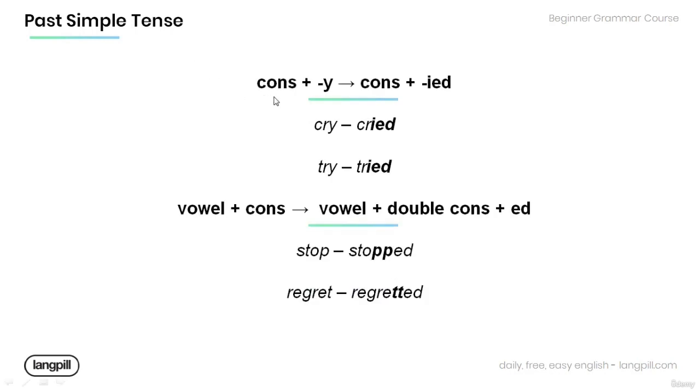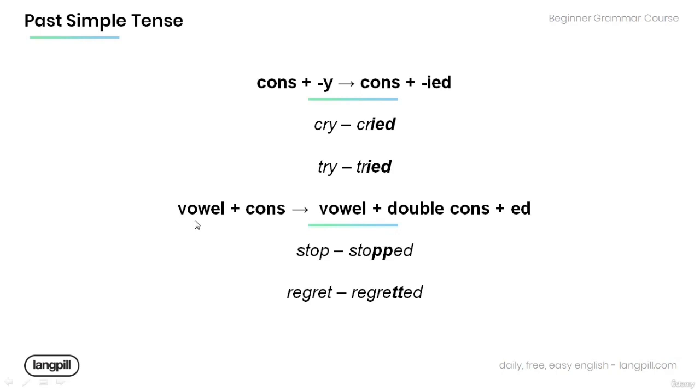Now, when a word ends with a consonant plus y, we keep the consonant and turn the y into ied when we want to create the past simple. Have a look at the following words. Cry, cried. Try, tried.